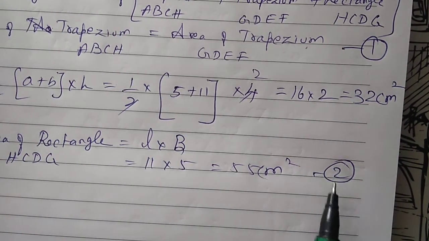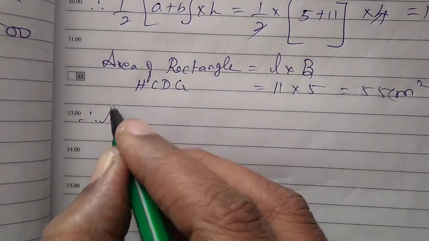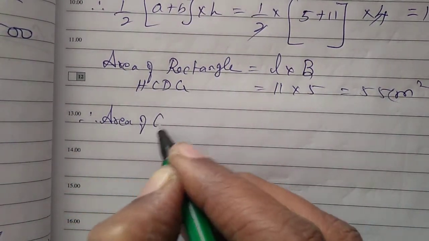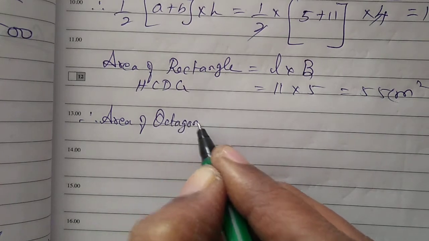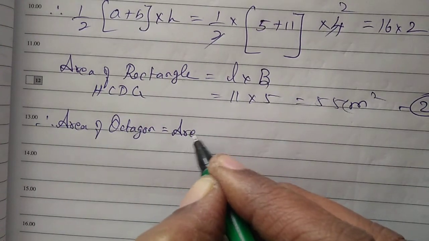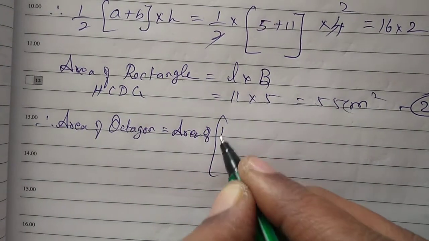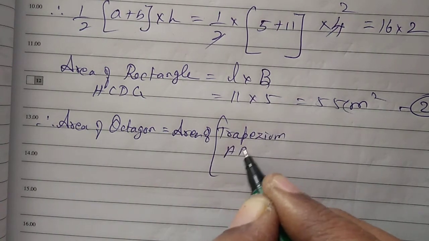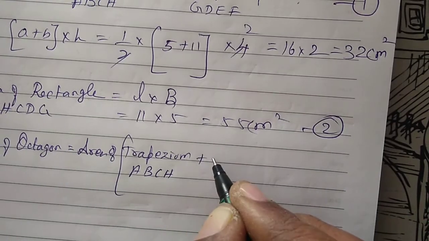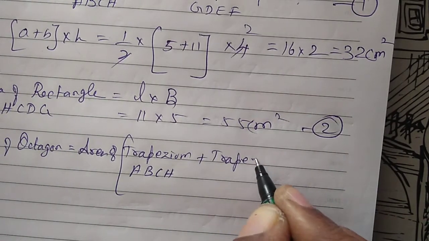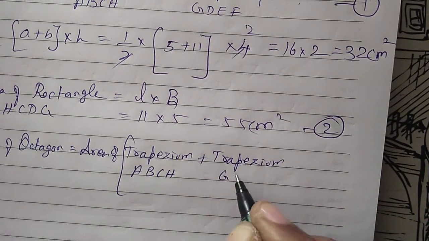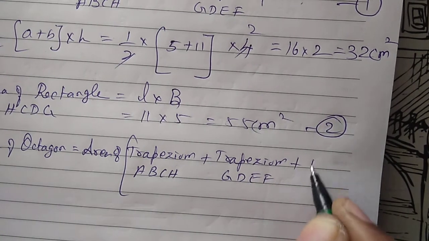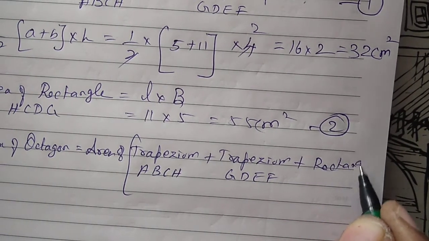Therefore, the area of the octagon is the area of trapezium ABCH plus the area of trapezium GDEF plus rectangle HCDG. Now we substitute.